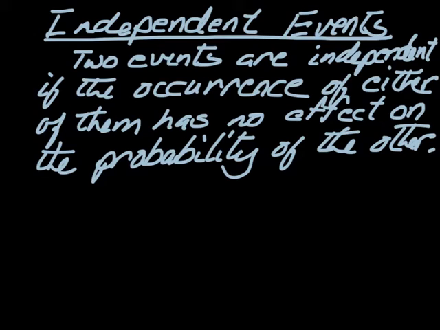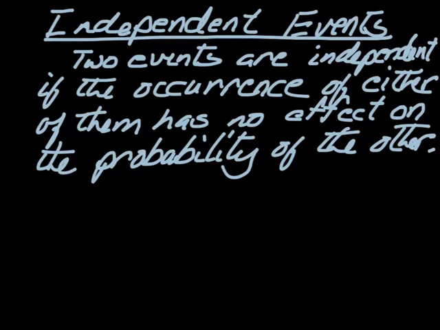So for instance, if I toss two coins at the same time, a quarter and let's say a dime, is the fact that the quarter lands on a heads going to affect the probability of the dime landing on a heads or a tail? And the answer is no. So those would actually be independent events in some sense.